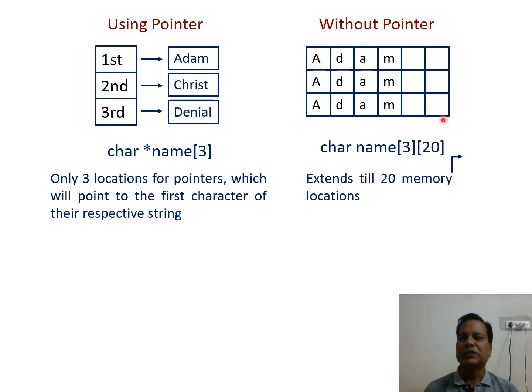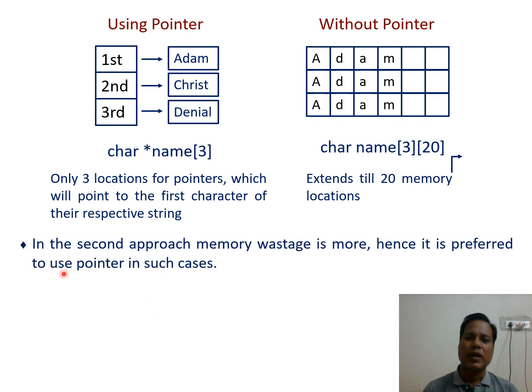In some situations, some locations are not used by the character strings. That's why in the second approach, memory wastage is more. Hence, it is preferred to use pointers in such cases.